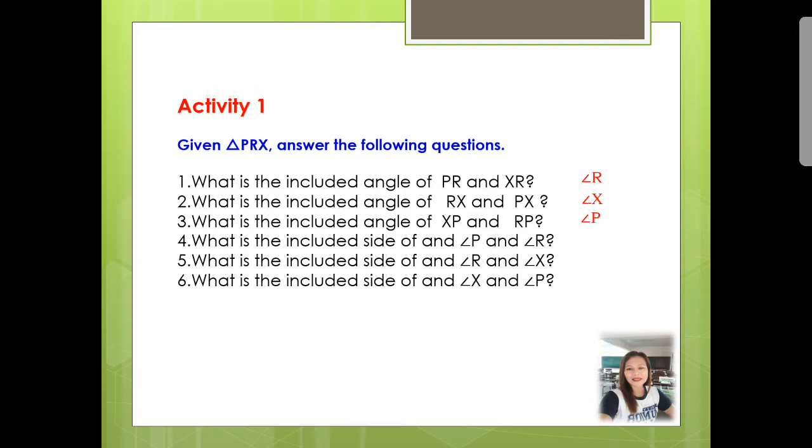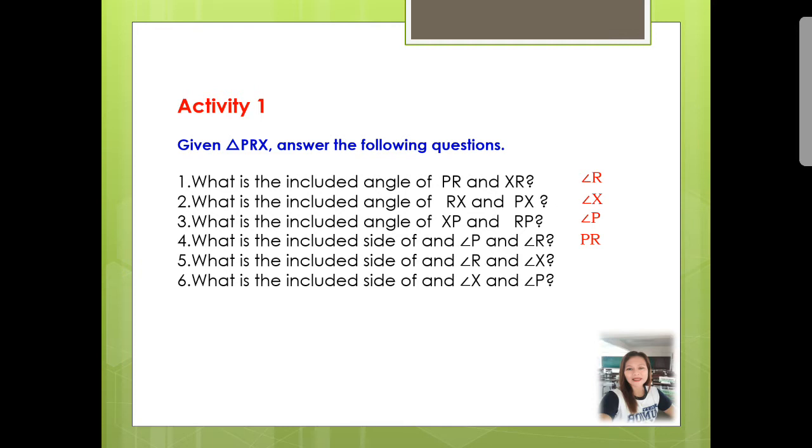angle P. Number 4, what is the included side of angle P and angle R? So, side PR. For number 5, what is the included side of angle R and angle X?